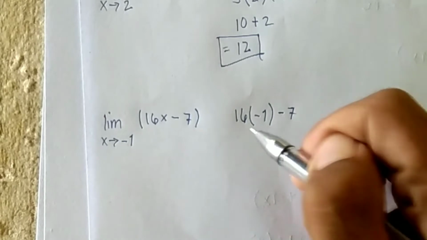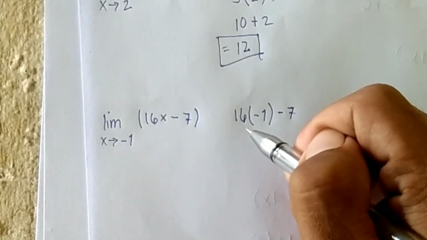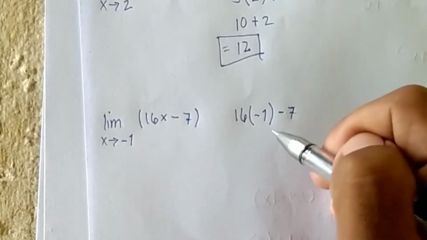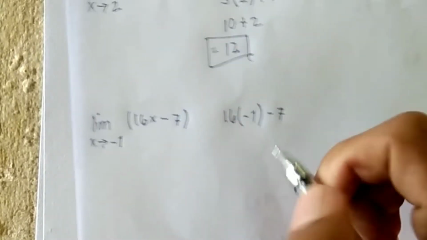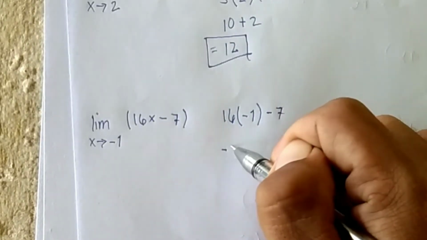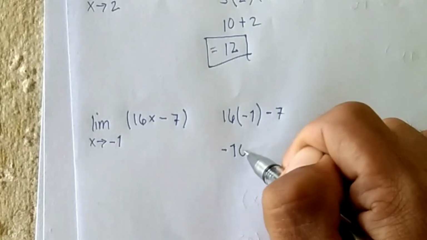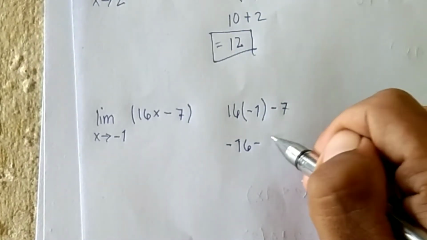So, 16 times negative 1 is equal to negative 16 minus 7.